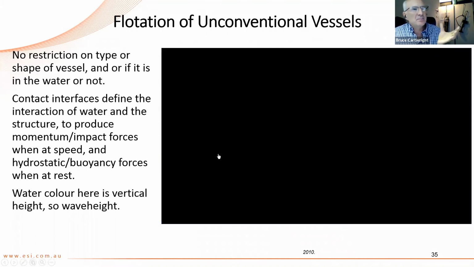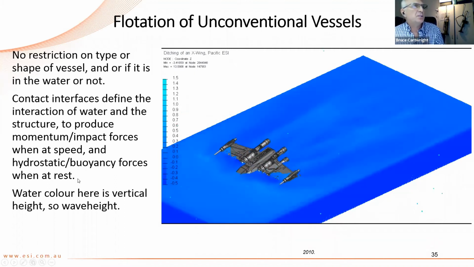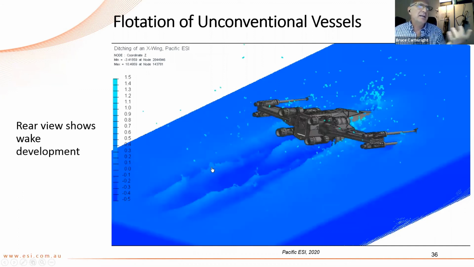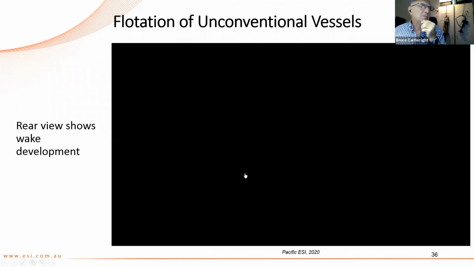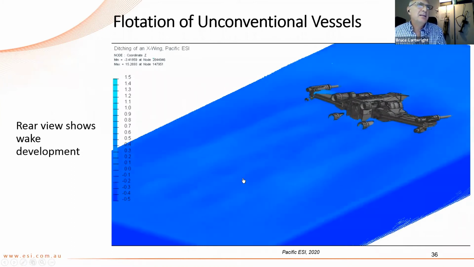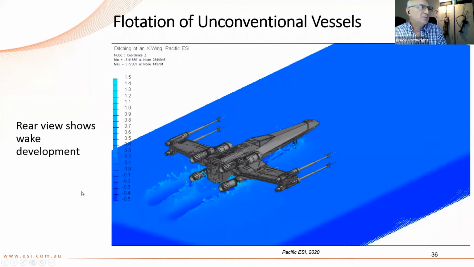That is, the water is represented by all these little particles, and you've got some structure, and they interact by keeping out of each other and having some sort of drag or friction against them if they do. You can see here we've got some contours of some wake or something like that, a bit of splash happening there. It really doesn't matter what the object is that you throw in the water. If it's going to float, it'll float.